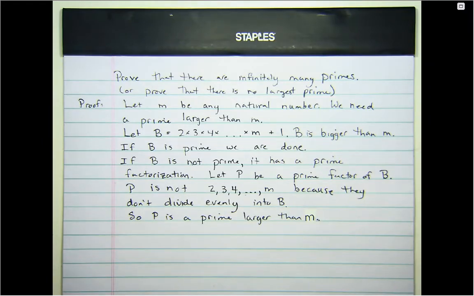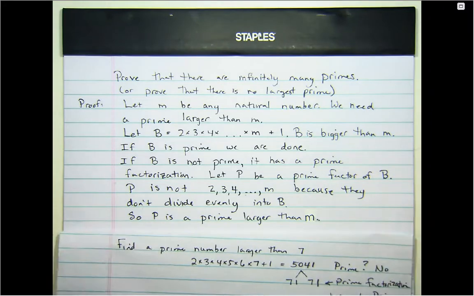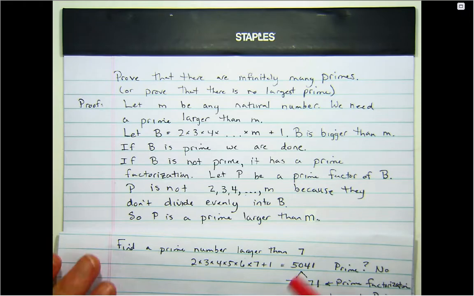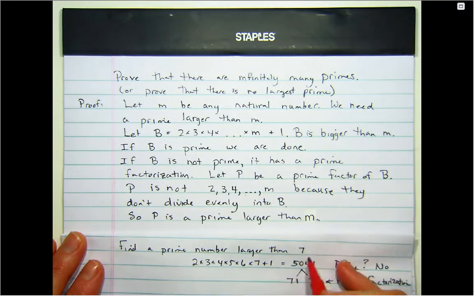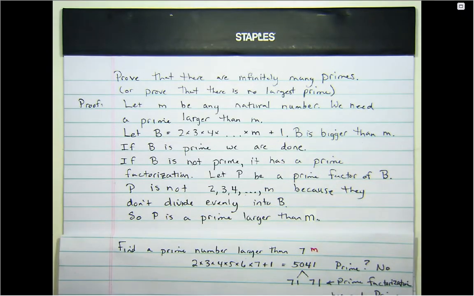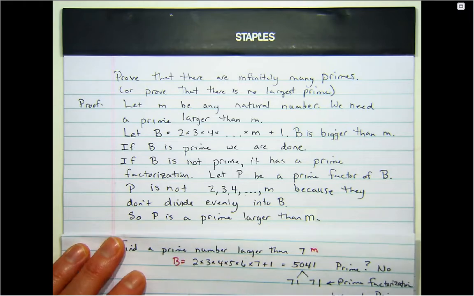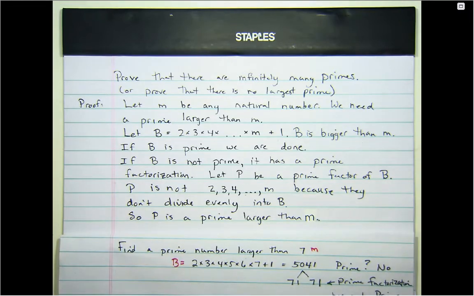That makes more sense. In fact, let's take our letters and compare them with our last example so you can think about this later and make sure you understand what everything stands for. So here's our last example. We're finding a prime larger than 7 here. Here we found a prime larger than M. Here this 7 was the M in the proof. And then we made our big number, 5041.